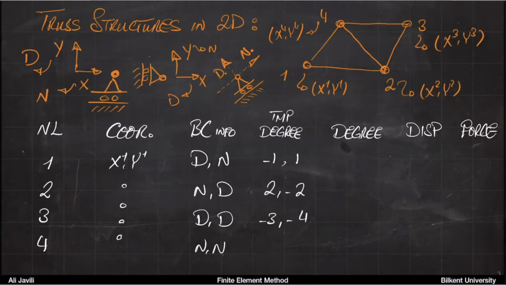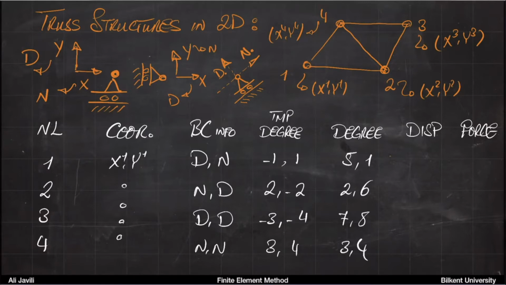And then this would be 3 and 4. And from that, you can assign your global degrees. So for the system, this would be 5, 1, 2, 6, 7, 8, 3, 4. So these would be the degrees that you would have on those nodes.